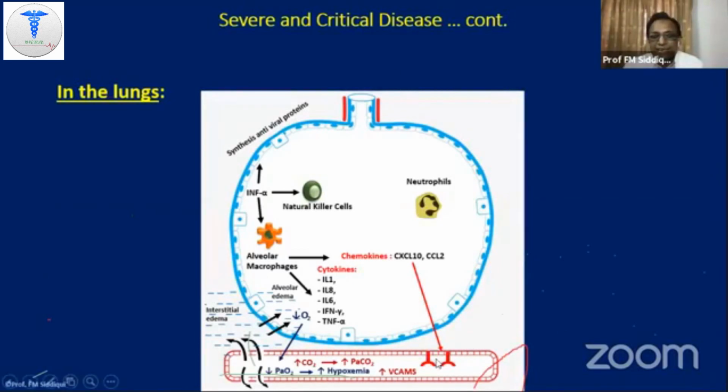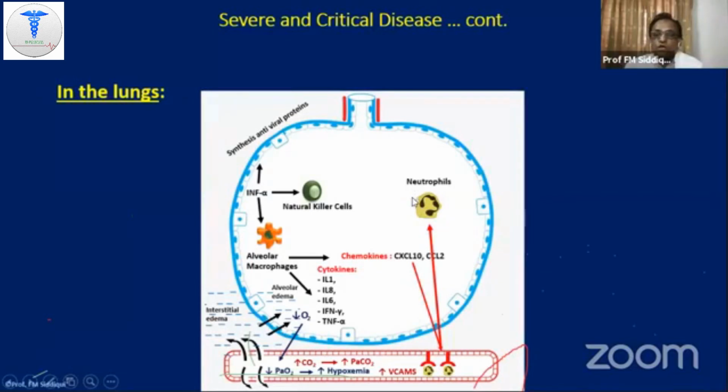The neutrophils, as you can see, have no clue where they need to go. Millions of neutrophils are circulating in the blood. So when these chemokines cause production of this vascular cell adhesion molecule, they trap the neutrophils. Actually, they give the neutrophils a clue where to go and to act. So millions of neutrophils start pouring into the alveoli.